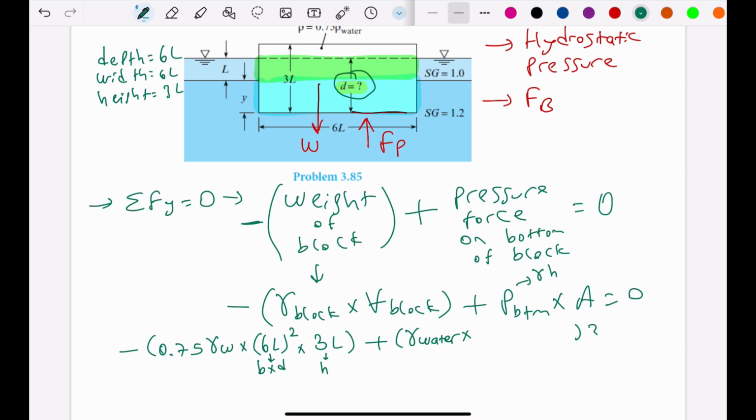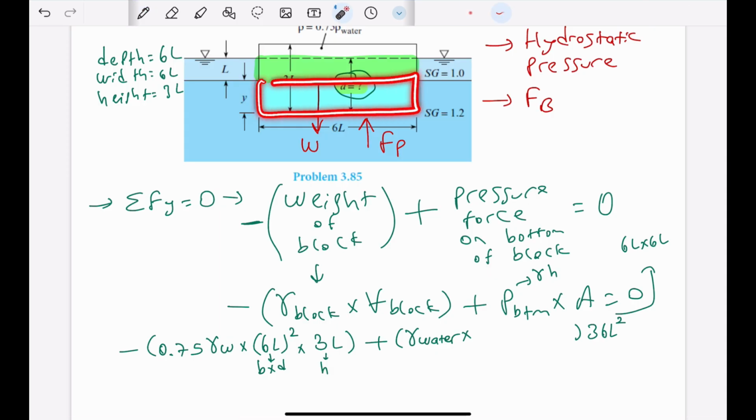So we can actually write the area of the bottom, which is 6L times 6L, outside of these parentheses, because it will be the same for this part as well.